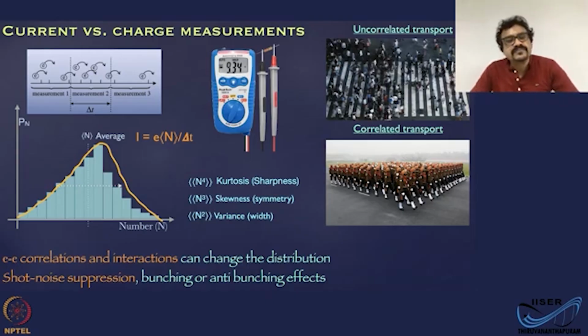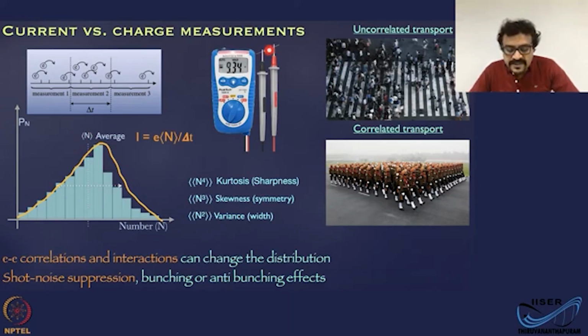And for perfectly classical systems, which don't have any correlation between the electrons, similar to people walking through a pedestrian crossing, this distribution will be more or less symmetric, and the peak will be at this value n.